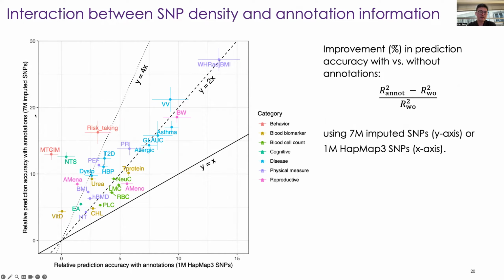And the y-axis shows the same thing but at the 7 million imputed SNPs. If the benefit of using annotation is independent of the SNP set, we should expect to see the results on the diagonal line. But most of the results show a higher benefit when using 7 million SNPs compared to 1 million SNPs. So this indicates that annotations help more with increased SNP density.